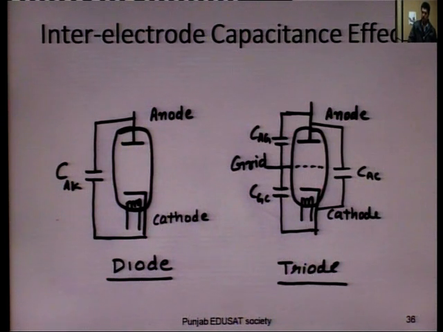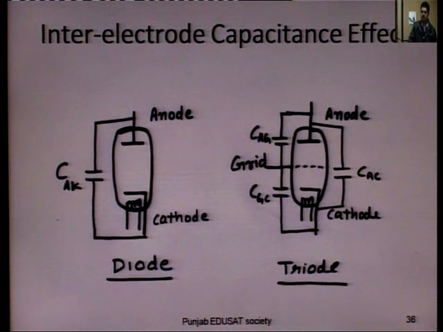Basically, the reactance of a capacitance is inversely proportional to frequency. When we use a diode or triode vacuum tube at a low frequency, the reactance is nearly infinite. It plays no role in their operation, and never presents an obstacle in the performance of the diode or triode.